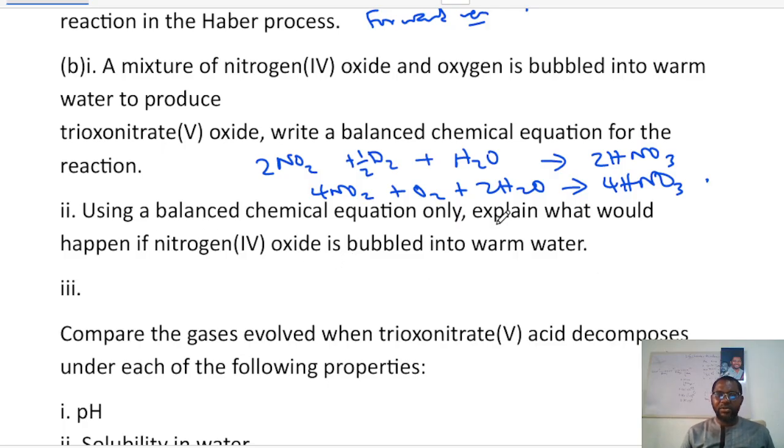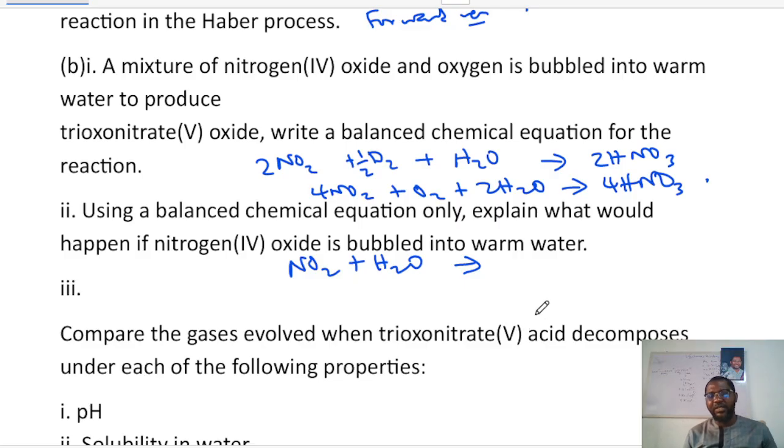Using a balanced chemical equation only, explain what will happen if only nitrogen 4 oxide is bubbled into water. You are going to produce 2 types of acid.